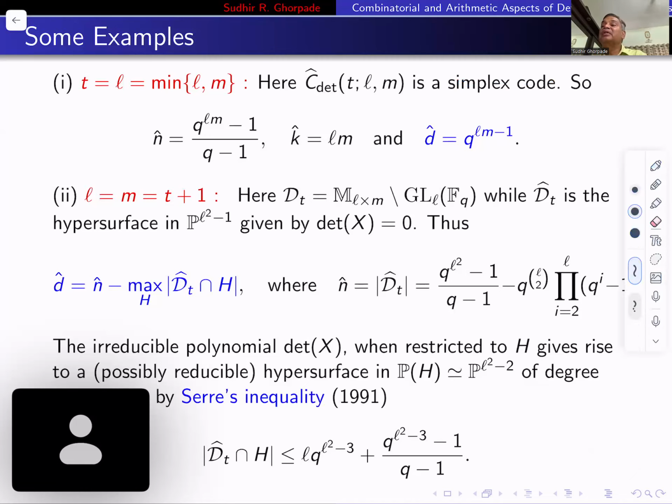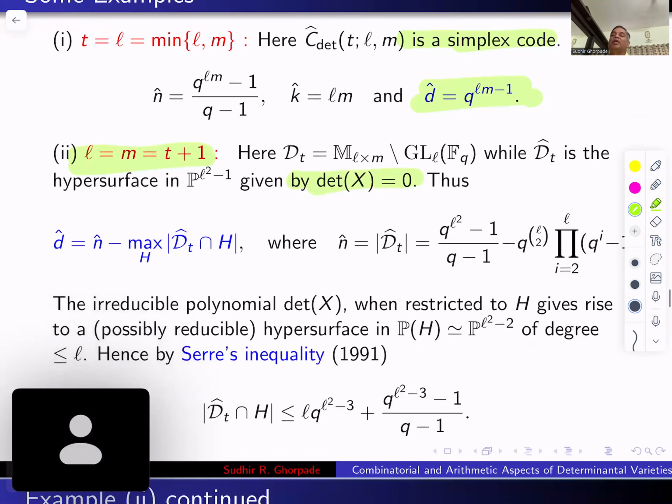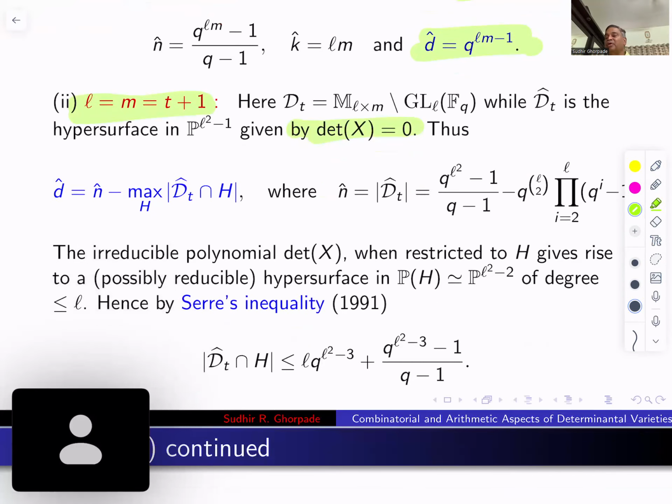So there the parameters are easily determined. The minimum distance turns out to be this. But in the high school algebra exercise situation where T is L minus 1 and L is equal to M, it amounts to finding the hyperplane section of this single hypersurface given by det X equal to 0. And so you can probably get some handle using, for example, the inequality which Serre proved for the maximum number of points on a hypersurface in a projective space over finite fields.